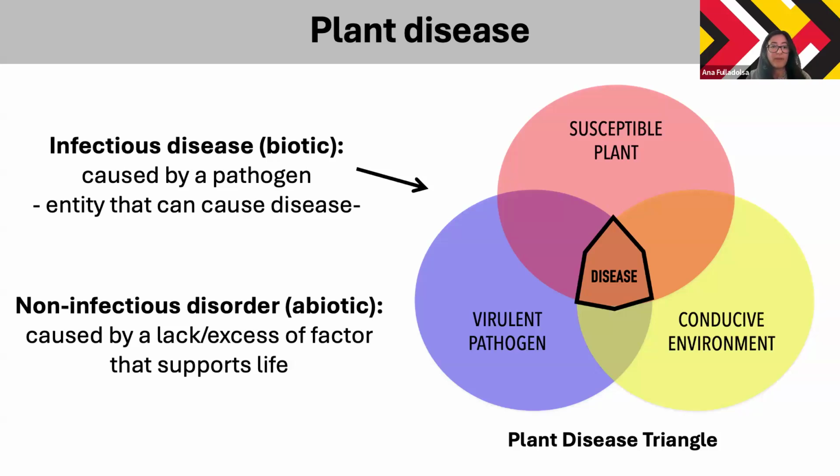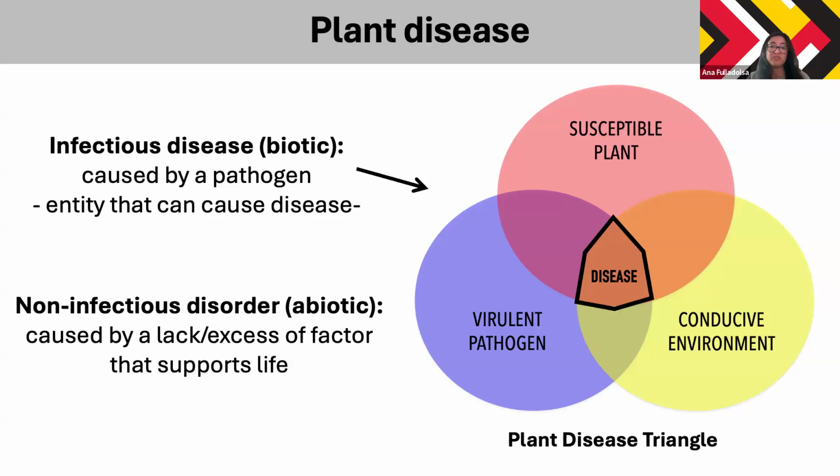But again, to go back to infectious disease, I want to bring your attention to the adjectives that I'm using here. So the host needs to be susceptible for disease to happen. The pathogen has to be virulent. So not all pathogens are going to affect all plants. And some can more aggressively affect some plants versus others.